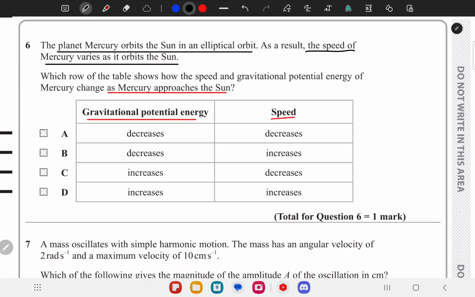So as Mercury gets closer to the Sun, an orbit like this. So this point is far away from the Sun, while this point is closer. So when it's moving closer, we have to state what changes happen to its gravitational potential energy and speed.